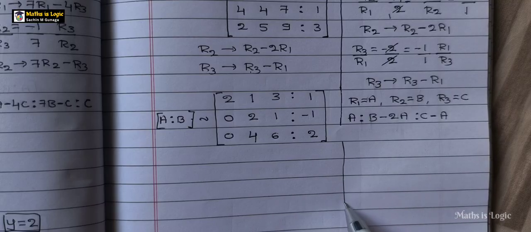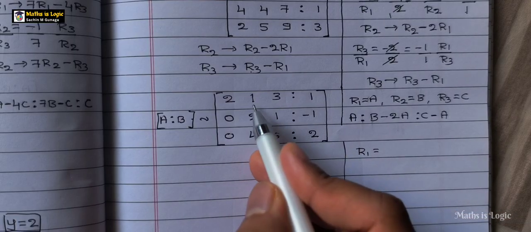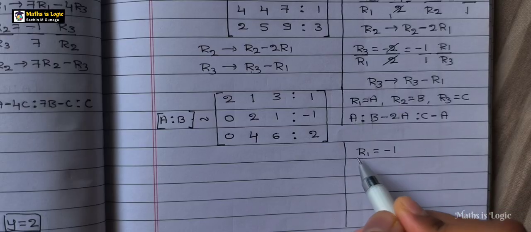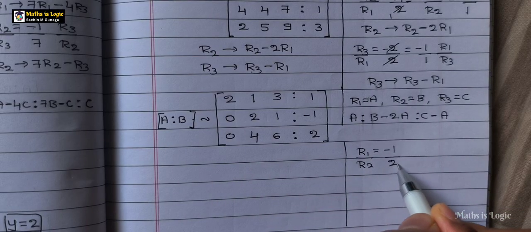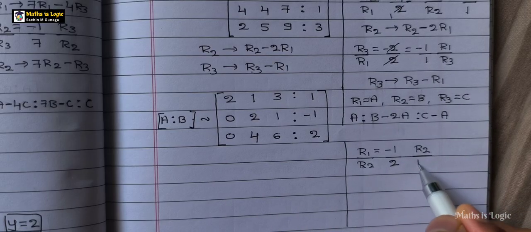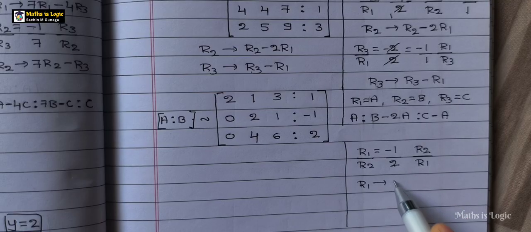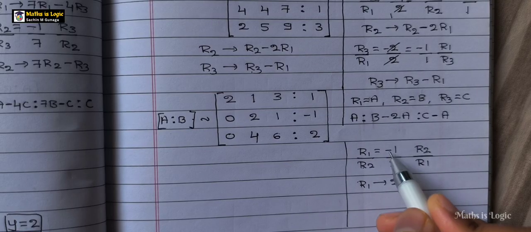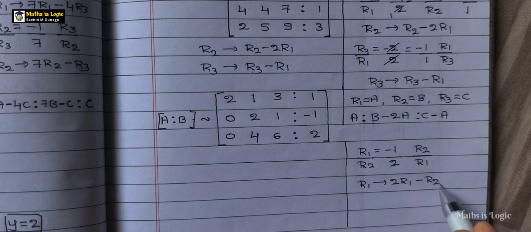For R1, take the opposite sign: plus 1 is there, so note down minus 1, with R2 we are doing it, and R2 is 2. Write R2 in the numerator and R1 in the denominator. Therefore R1 changes to 2 into R1 is 2R1, minus 1 into R2 is R2.